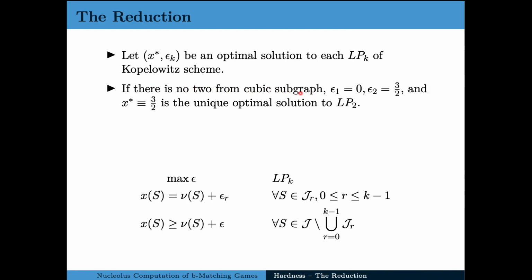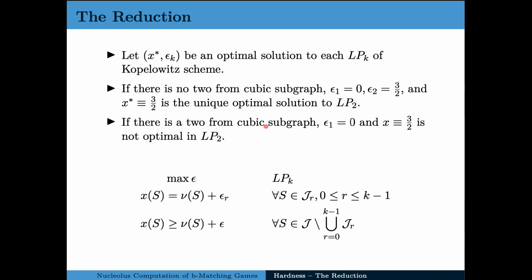If there is no 2-factor cubic subgraph, then epsilon 1 is 0, epsilon 2 is 3/2, and the uniform allocation is the nucleolus. If there is a 2-factor cubic subgraph, then epsilon 1 is 0, and the uniform allocation is not optimal in LP2, and therefore it can't be the nucleolus.